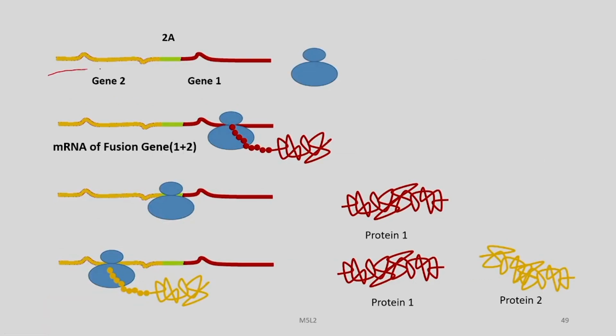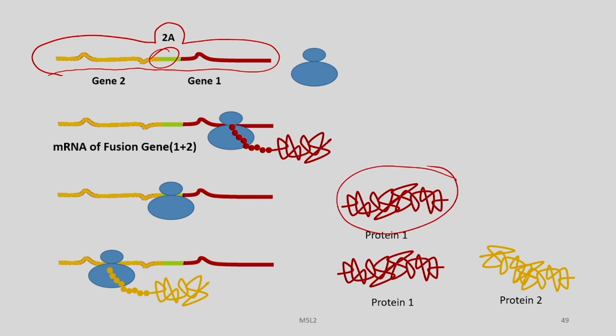So, this is the fusion protein of gene 1 and gene 2, which has a 2A intervening sequence in between. When translation of this mRNA takes place, the first protein is produced, okay, and the moment the ribosome comes in interaction with the 2A sequence, there is a skipping or ribosomal skipping happening, as a result of which protein 1 will be released.